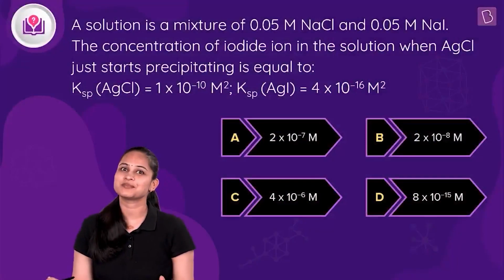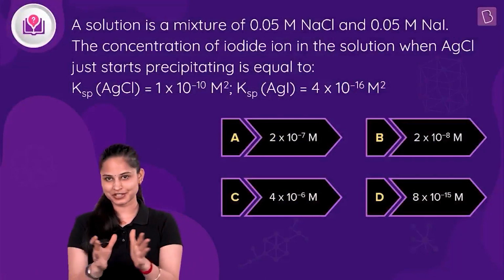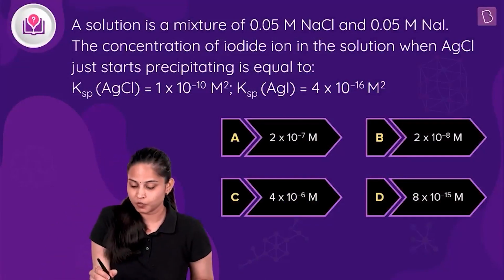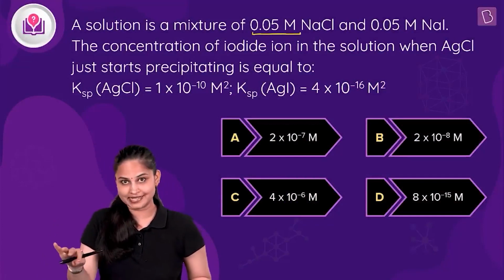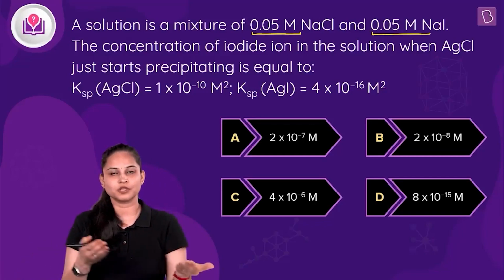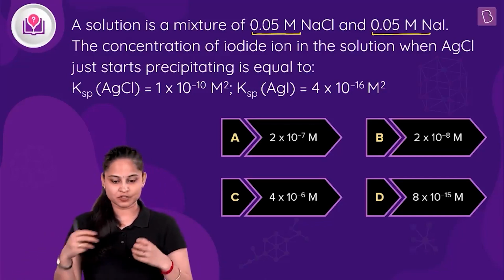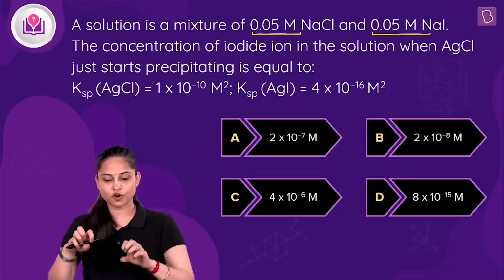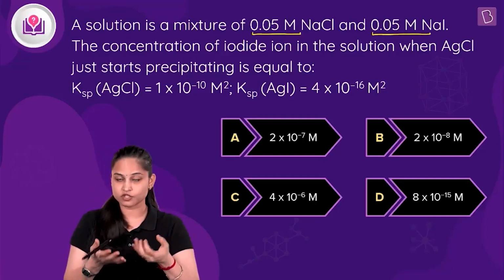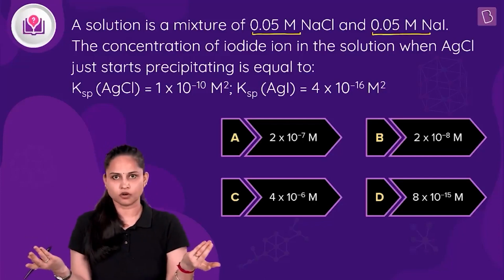The question over here is basically what? There is a solution, and that solution consists of a mixture of 0.05 molar NaCl and 0.05 molar NaI, sodium chloride and sodium iodide. So there is a solution having a mixture of NaCl and NaI having the same concentration, 0.05 of both.